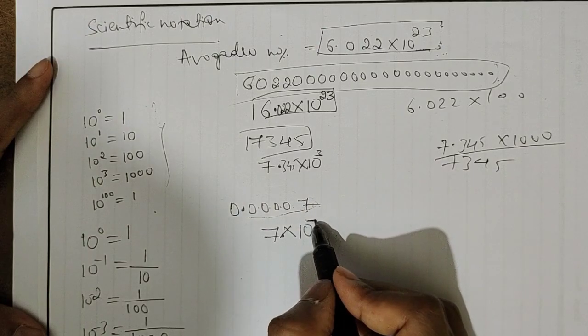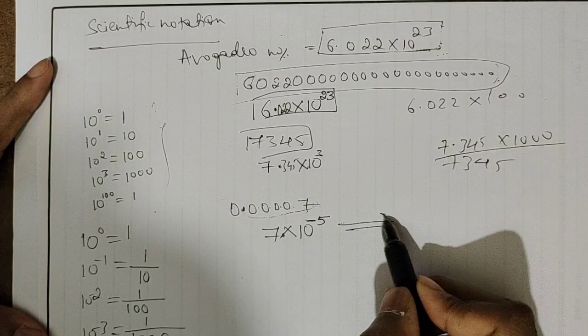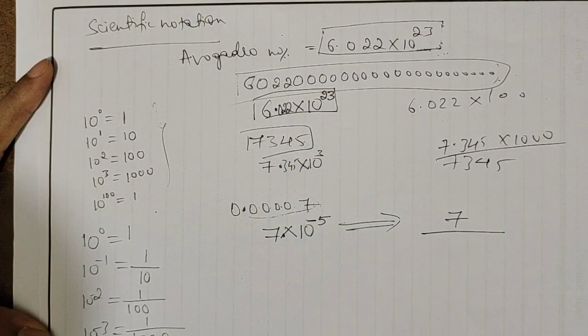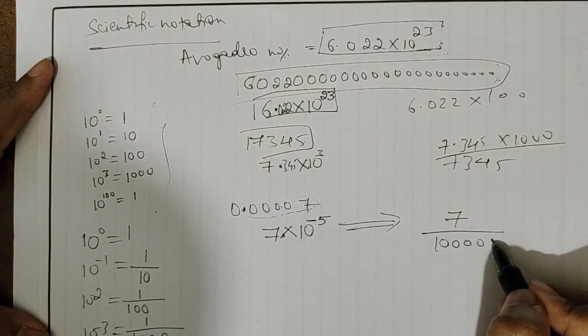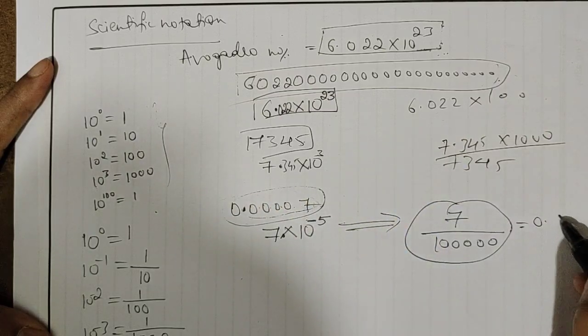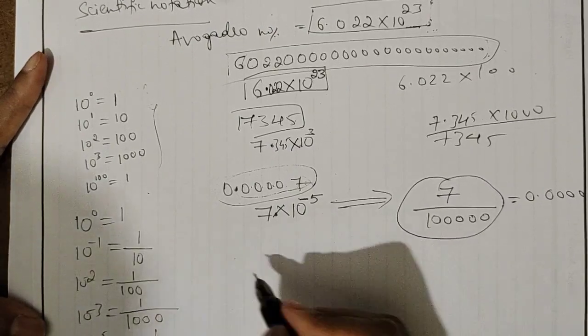So here 10 to the power minus 5. Now how do you need to understand this one? 7 divided by 10 to the power 5 means how much? 1 divided by, here we can write 5 zeros. Now calculate this, and you will get this value, that is nothing but 0.0007. Clear?